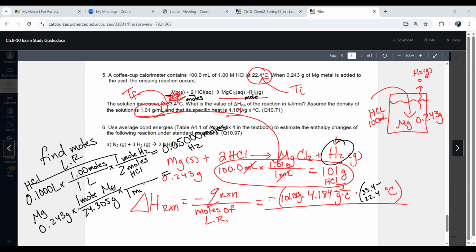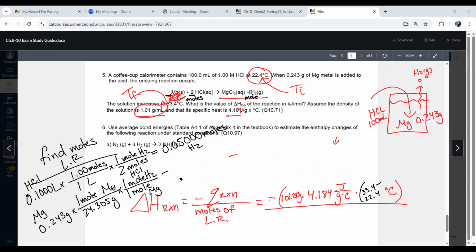So there's 1 mole of magnesium for every 1 mole of H2. 0.243 divided by 24.305. So this is 0.009998 moles. So magnesium can make less moles of product.